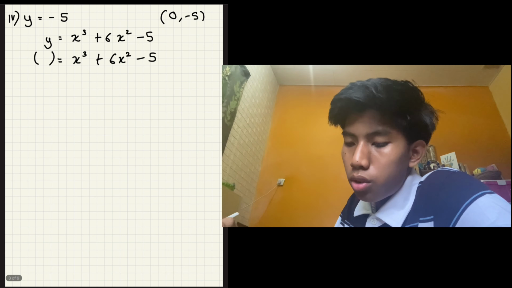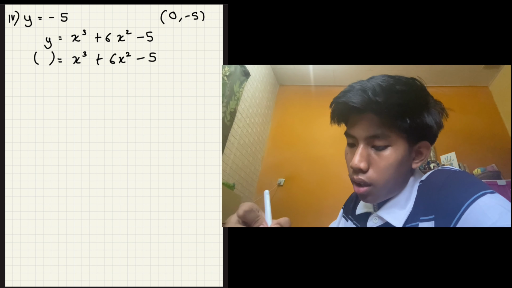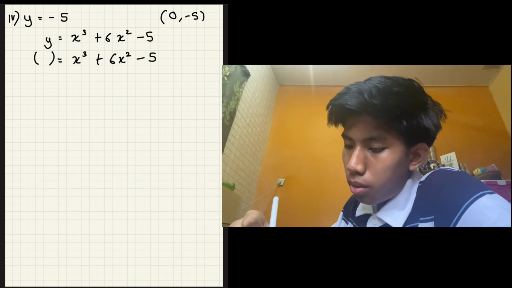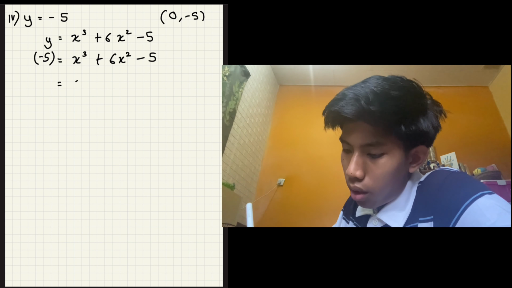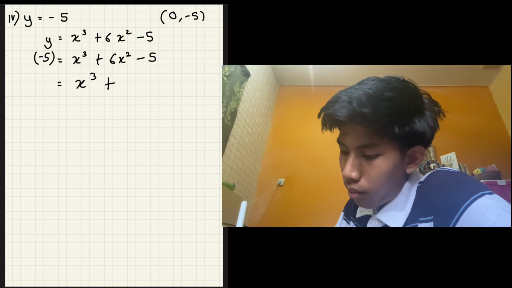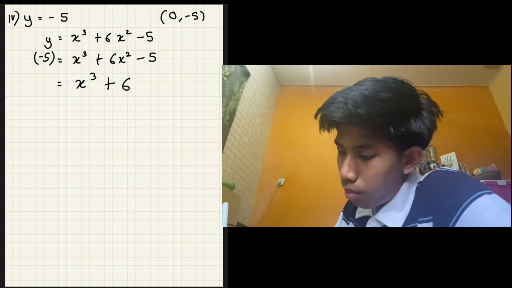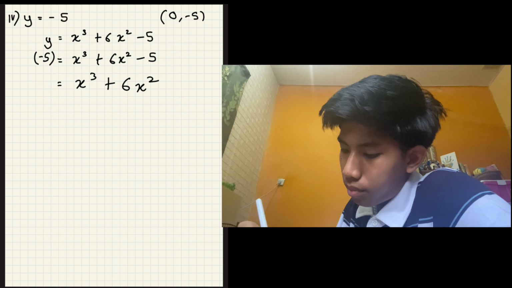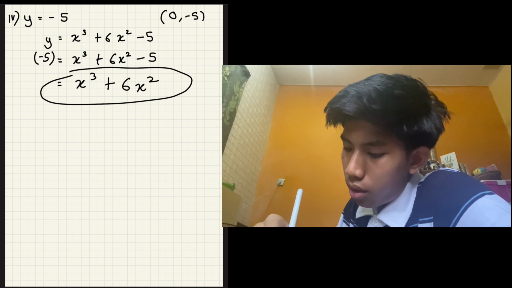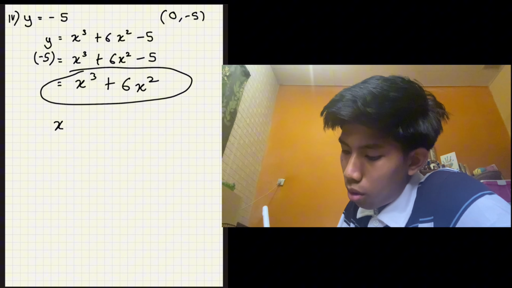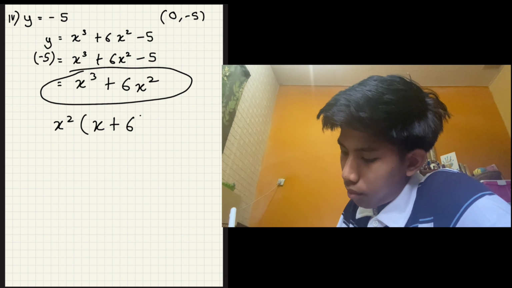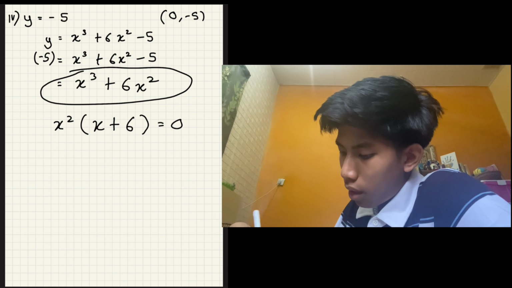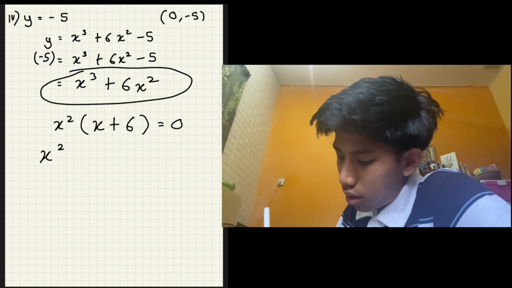Now moving on to y equals negative 5. Do the same thing as the previous one, and your final will be x cubed plus 6x squared. If this happens, you have to take out the common factor. Now solve for x.